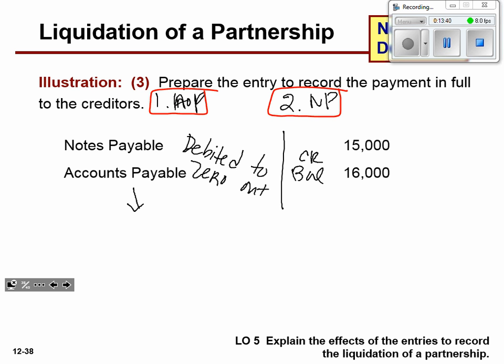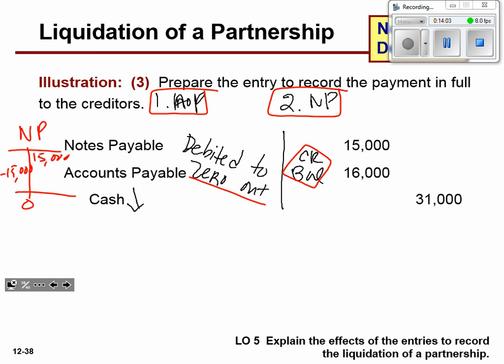They're normally credit balance accounts, so by debiting them, we're zeroing them out. From a T account perspective, notes payable was sitting there with $15,000. To get that to 0, we have to debit to wipe it out. And of course, we're going to pay cash to do so.